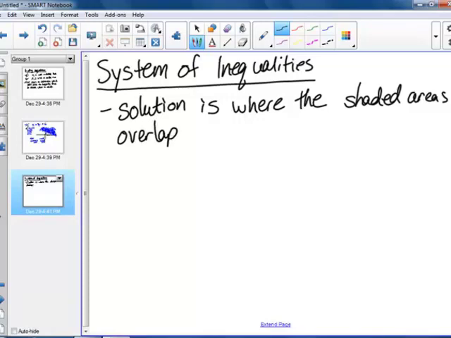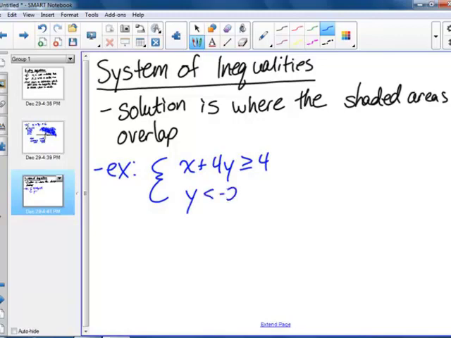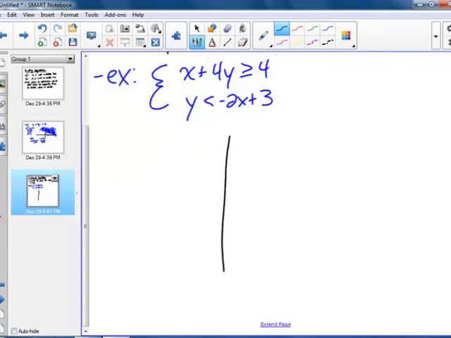So let's say, for example, we have x + 4y ≥ 4, and y < -2x + 3.